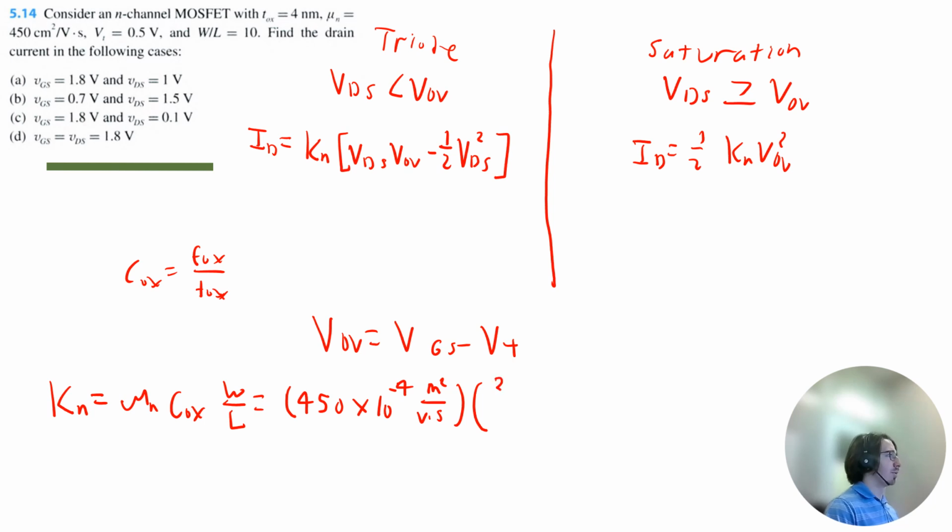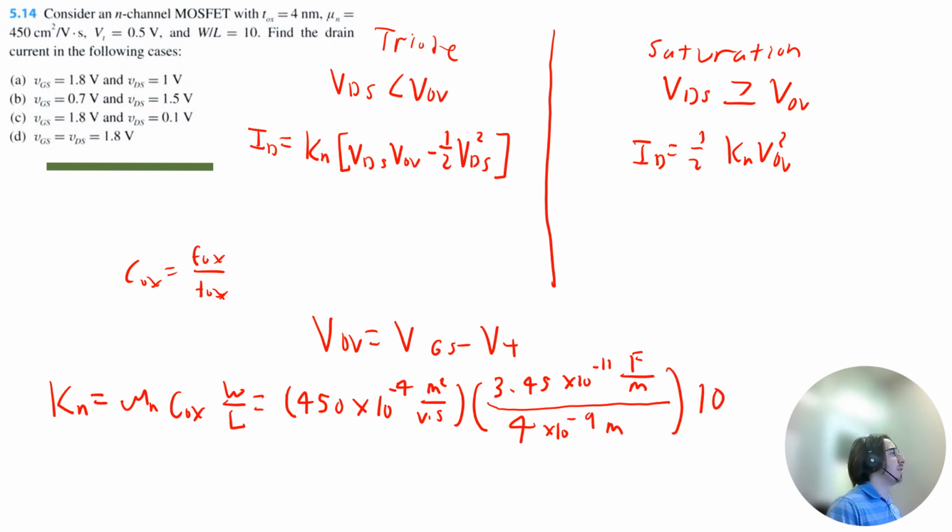It is 3.45 times 10 to the negative 11 farad per meter, divided by t_ox, which is 4 nanometers, or 4 times 10 to the negative 9 meters. And then W divided by L is 10. So K_n I get is 3.88 milliamps per volt squared.